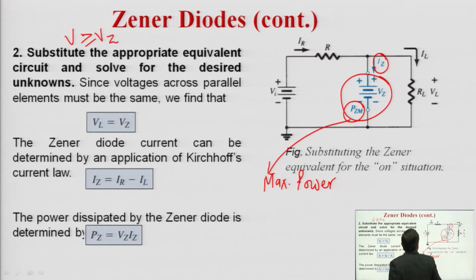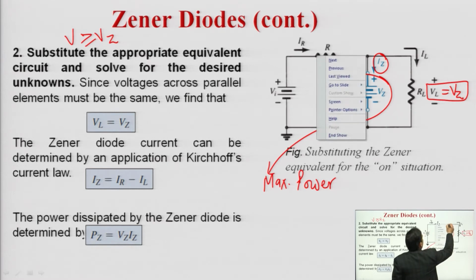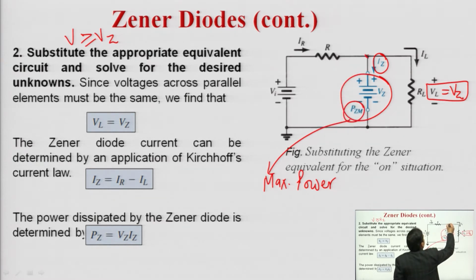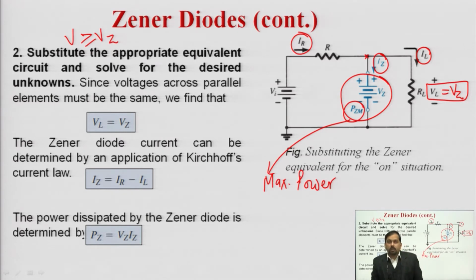Once this diode is on, VL is naturally equal to Vz. Whatever the Zener voltage corresponding to the diode, that will be equal to the load voltage. After that, with the help of KCL at this particular node, IR is the incoming current and IZ and IL are the outgoing currents.